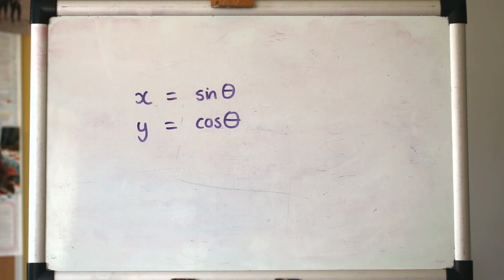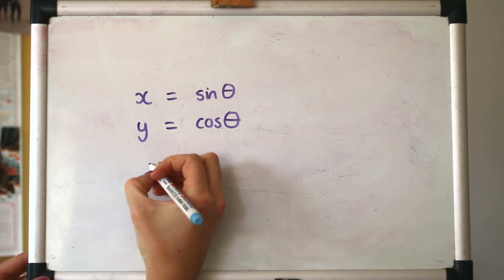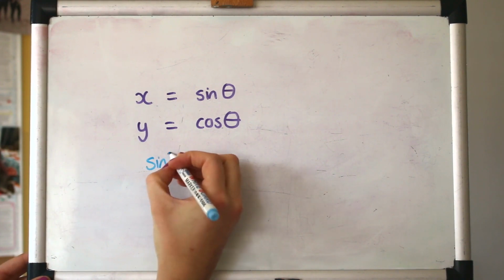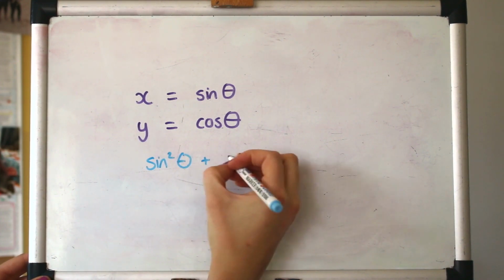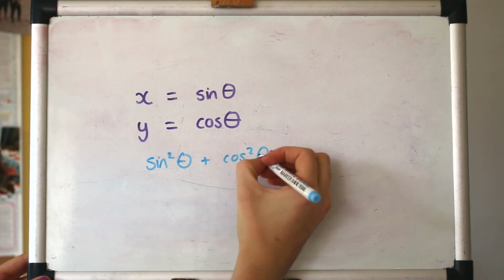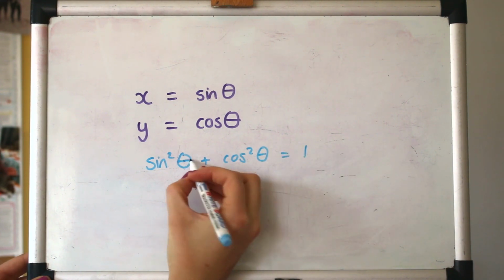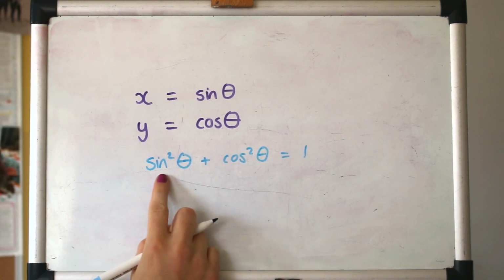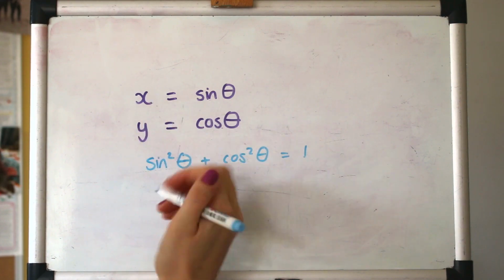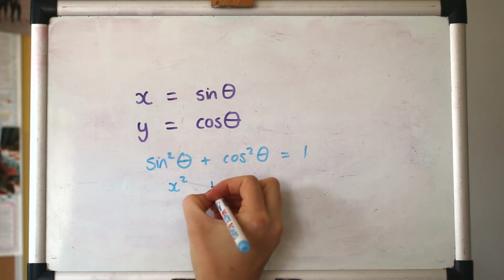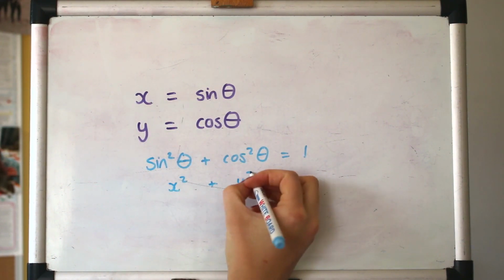So this is a simple example just to show you what I mean. If we've got x as sine theta and y as cos theta, then we know the identity, or you should do anyway, that sine squared plus cos squared is 1, and we can use that identity to connect these equations. Sine here is x, so that'll be x squared, and cos is y, so that's y squared.